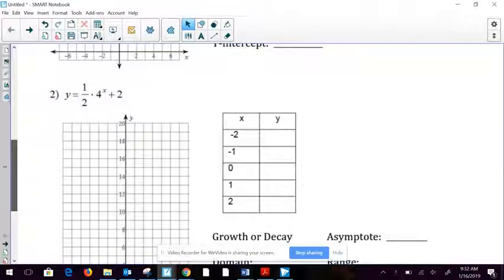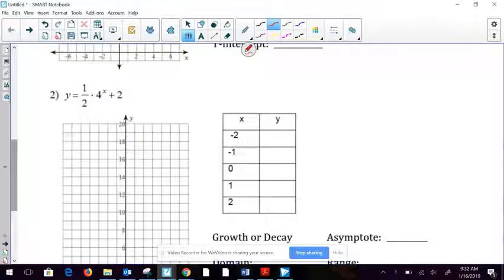So remember, if it's in the x column, the -2, -1, 0, 1, and 2, all we're going to do with those values is plug it in for x into our equation. The key here is you have to know and understand how to put it into your calculators. When you do this in your calculator, the fraction 1 over 2, you need to put in parentheses.